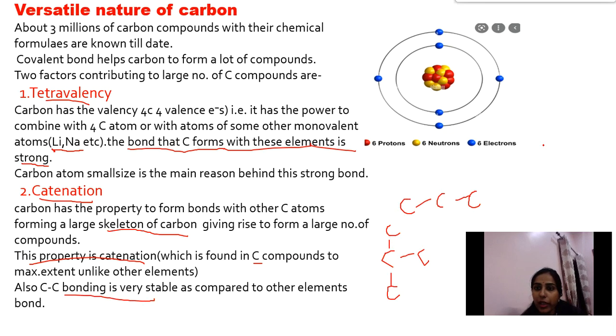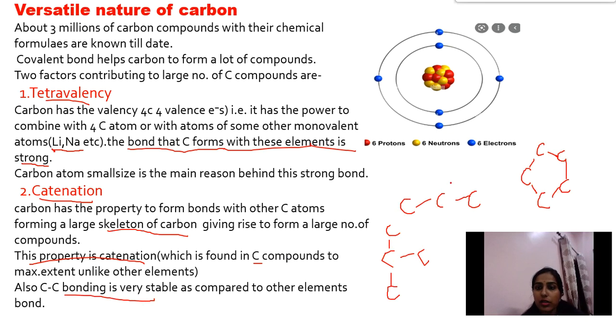Or the carbon skeleton can be in the form of a ring like this. Also, carbon bonds with other carbon. Also, there are various bonds present between the carbon-carbon atoms.